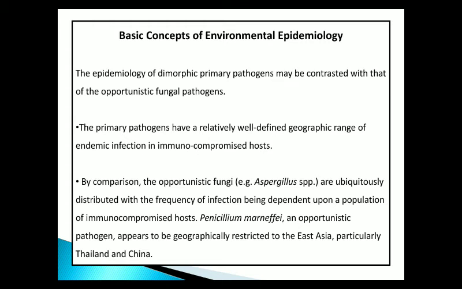That means, see, primary pathogens can cause infection in normal hosts, whether their immune system is weak or strong. That doesn't matter. So that is the reason they have a large geographic range. That means they can be present over a bigger area, and they can infect immunocompromised hosts along with normal hosts. But opportunistic fungi are dependent on immunocompromised hosts.